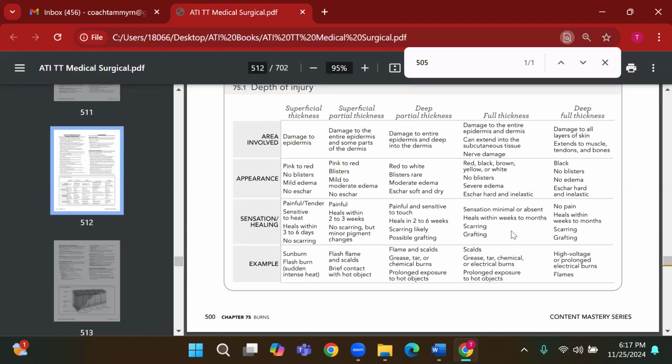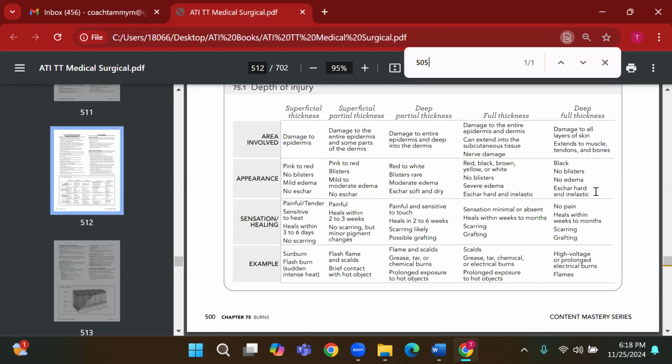Anytime there's a severe burn, the body tries to send fluid in, which causes edema and the white blood cells. And then when we get to the deep, full thickness, look, it goes down into the muscle and the tendons. Still, it could be black. A deep, full thickness would be black, no blisters, edema. Eschar is hard and inelastic, no pain.